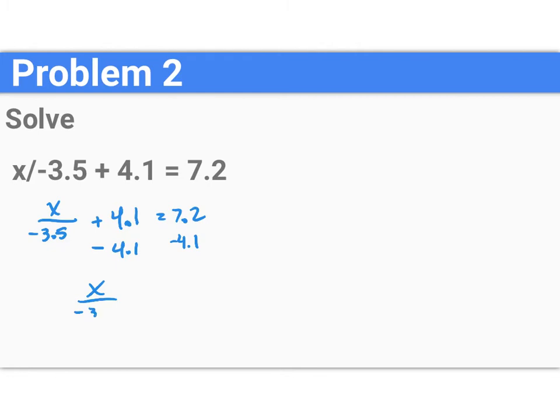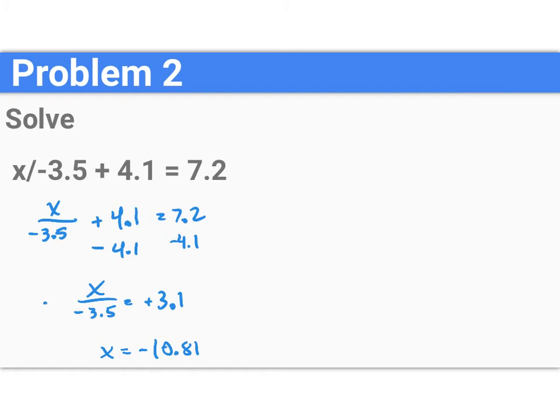X over negative 3.5 equals positive 3.1. Multiply both sides by negative 3.5. And x is equal to negative 10.81.